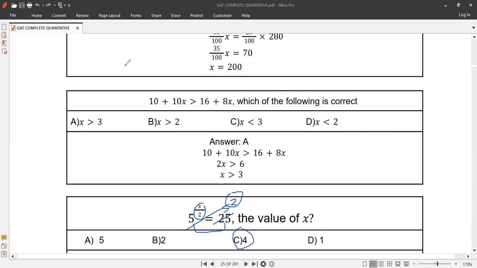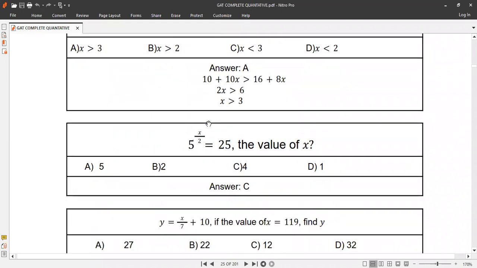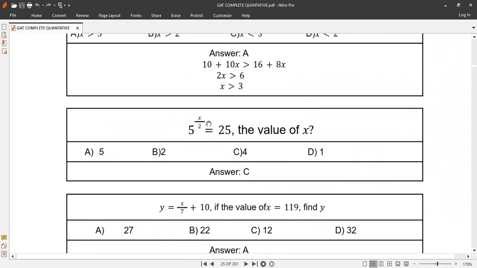Now, let me go to other question. Now in this question, y equal x over 7 plus 10 with the value of x 119, find y. Very easy question.